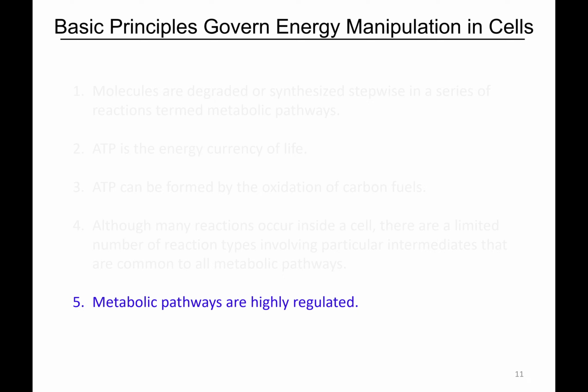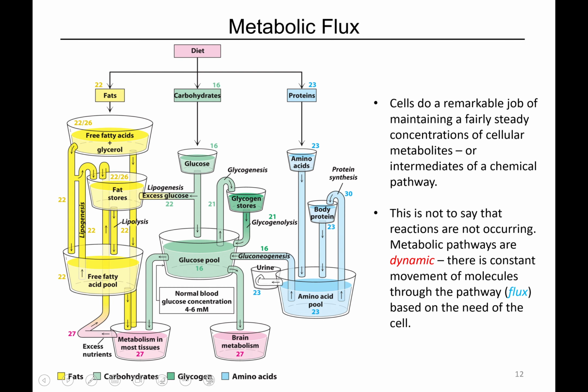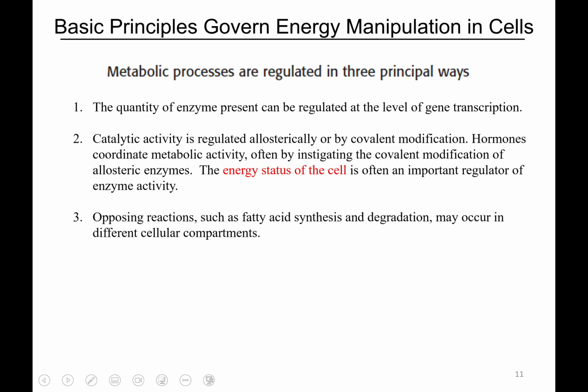Finally, metabolic pathways are highly regulated. This kind of boils down to three different main principles. It can be regulated at the level of transcription. Here the quantity of the enzyme can be controlled at the level of transcription, or at the level of post-transcription.